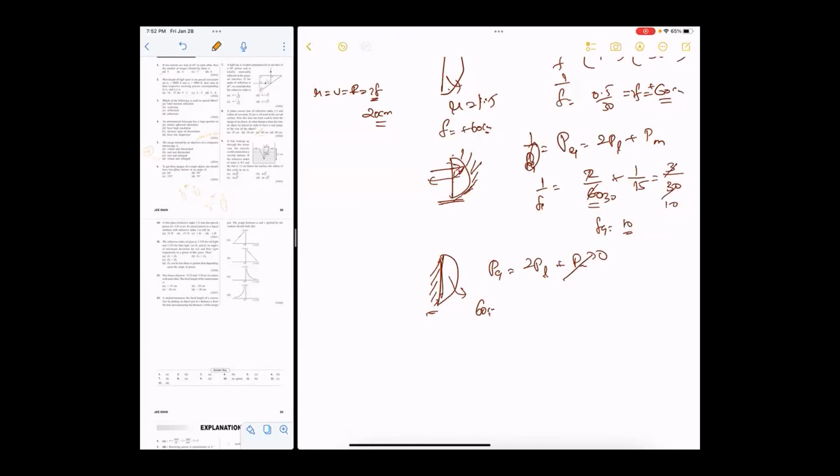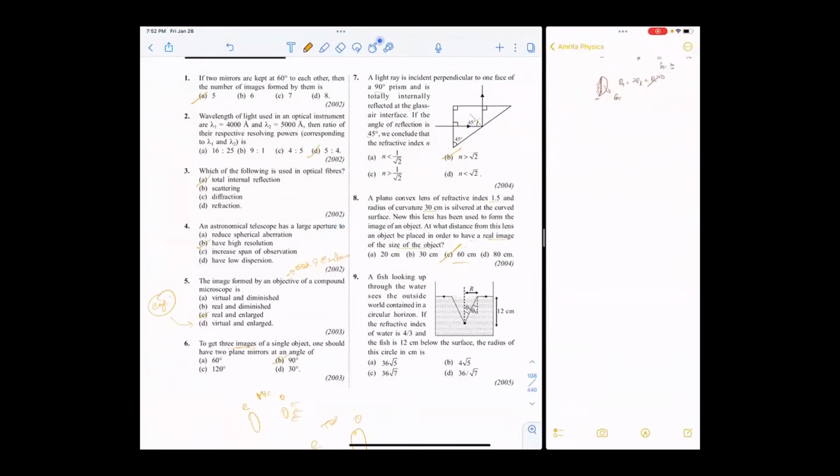Right? So we have done ray optics questions, guys. So the answer we are getting is 20 centimeters. In order to have a real image, that means the size of the image and object are the same, at what distance from this lens should an object be placed?